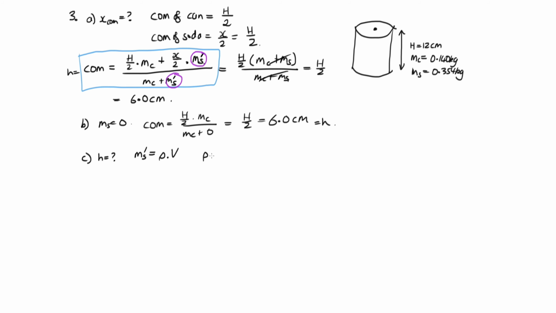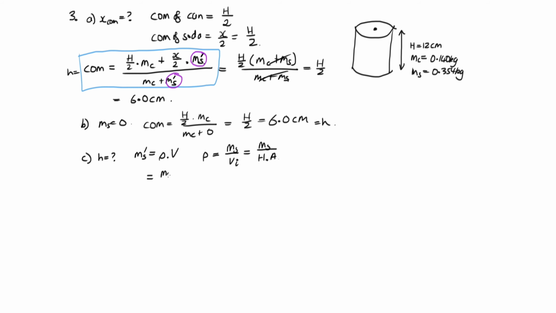And we can work out the density because we're told the initial mass. So the density is equal to the mass divided by the initial volume, and so this will be equal to ms, which we've got a number for. I'm just not going to substitute it in right now, over the initial volume, and that's equal to the height times the cross-sectional area of the can. So now we've got an expression for the density here, and this volume's actually changing.